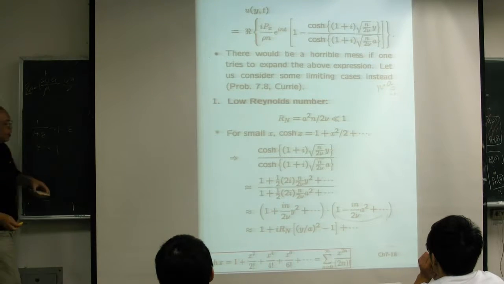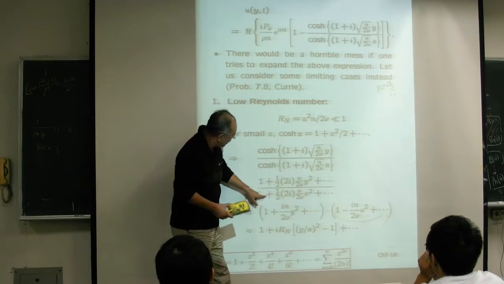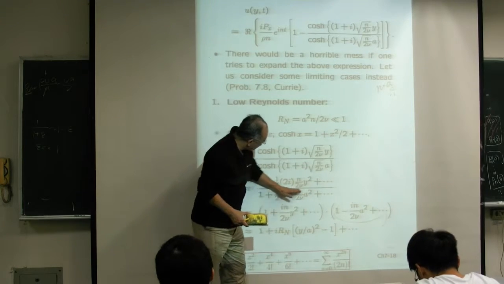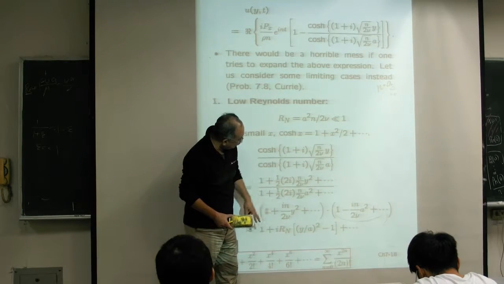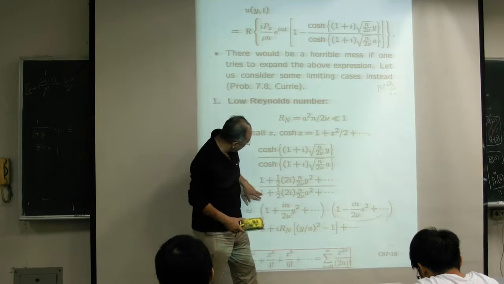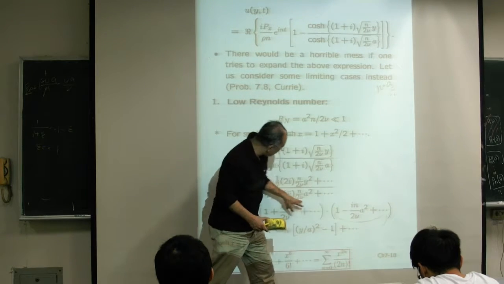So we also apply this: 1 plus a small number in the denominator, 1 over this will be equal to 1 minus this.